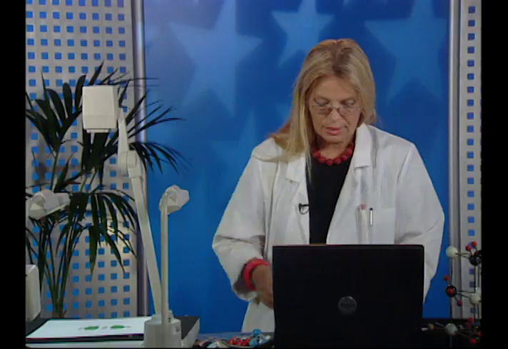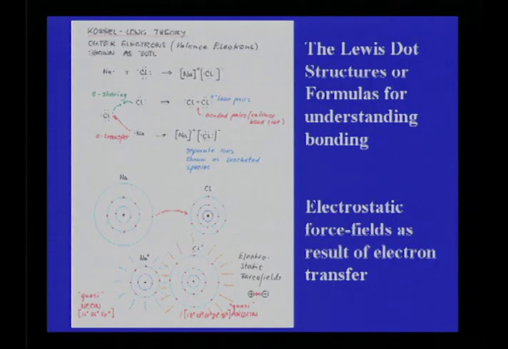Now, I talked already about Lewis a lot. Lewis was a very famous American scientist that revolutionized the idea of describing the bond as a shift in electrons. Other people also were involved, like Kossel, a German physicist who had theories about bonding.